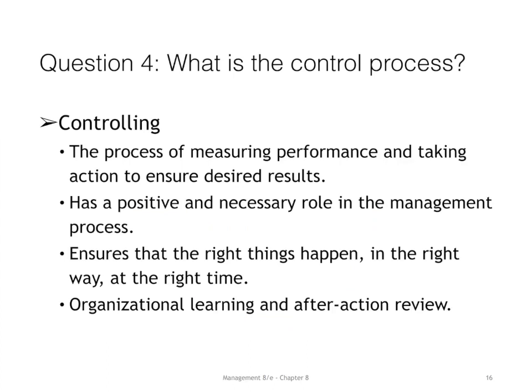And then we talk about the control process. In planning, we have to make standards to control the process. What about controlling? Controlling is the process of measuring performance. In control, we have the measuring process.